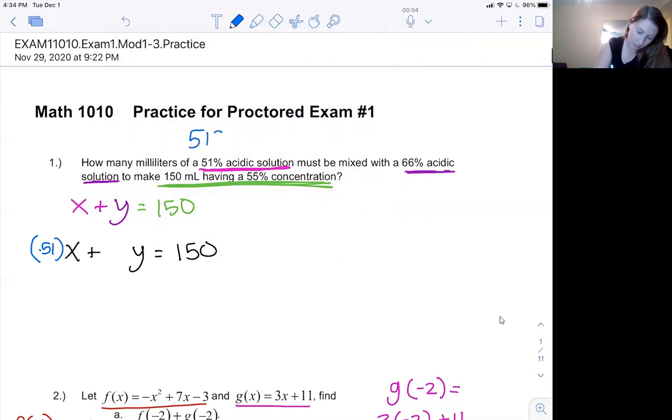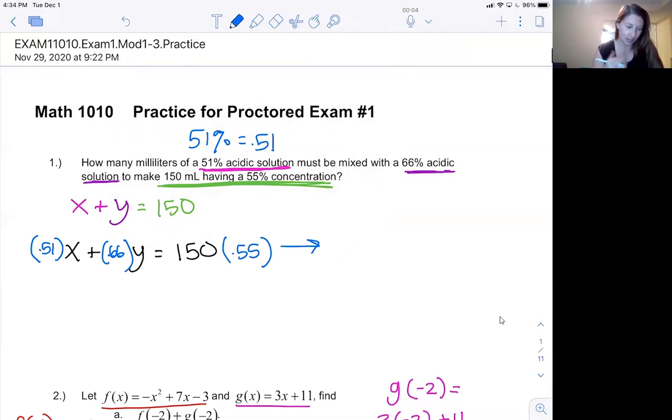Right, 51% equals 0.51. So then for my y, for this purple solution, it's a 66%. So I'm just going to times that by 0.66. And then this 150 has a 55%. So I'm going to times that by 0.55.